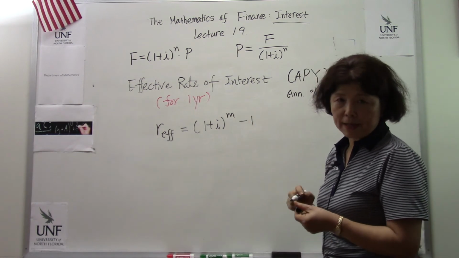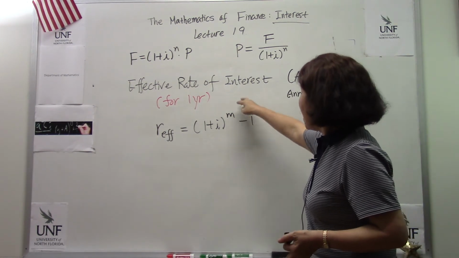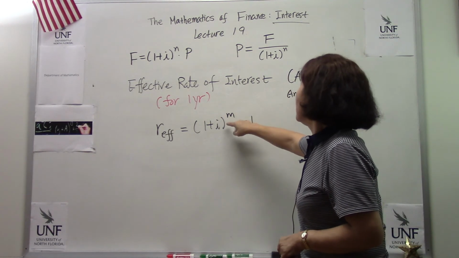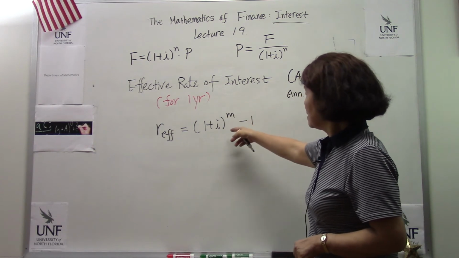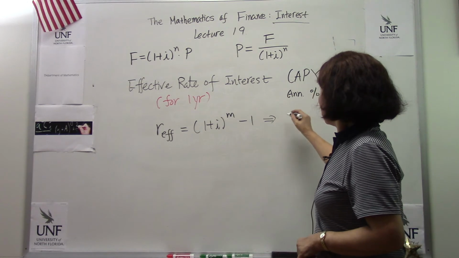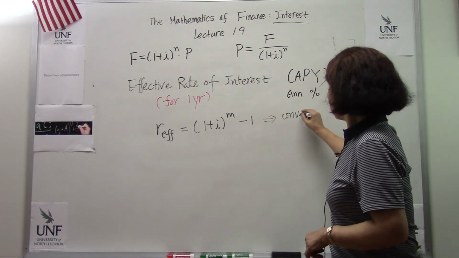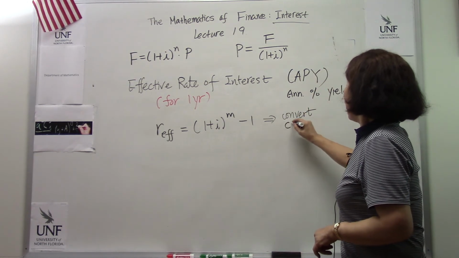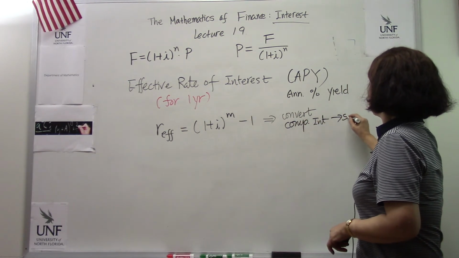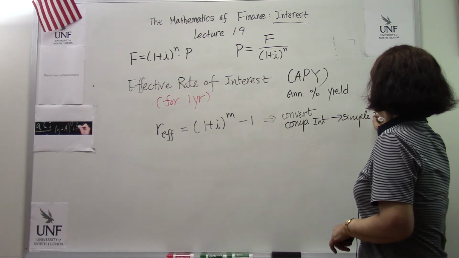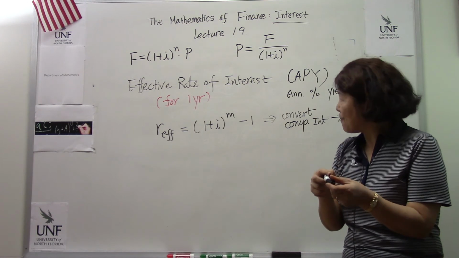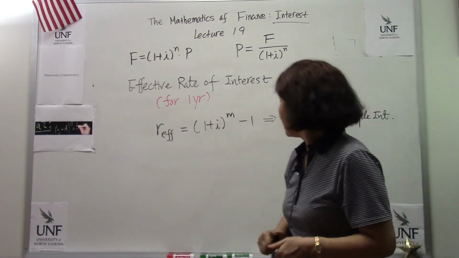This is the formula. It depends on how many times you receive interest if you invest in compound interest. So just convert compound interest to simple interest so everybody can understand better. That is the meaning of effective rate of interest.